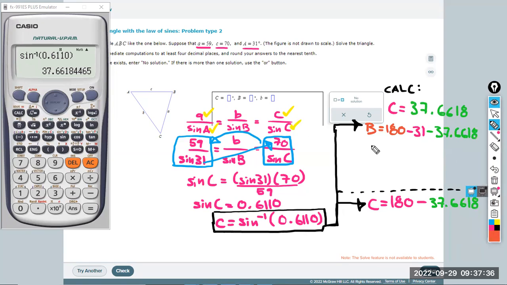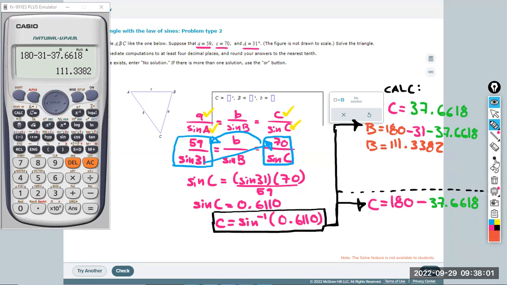So angle B equals, let me do that in the calculator. Okay, 180 minus 31 minus 37.6618. Okay, so in this case, angle B equals 111.3382.